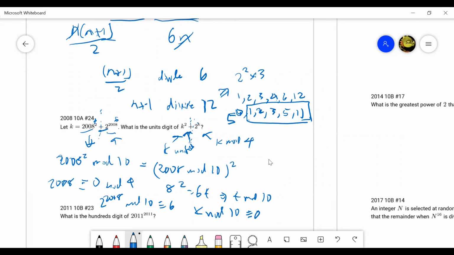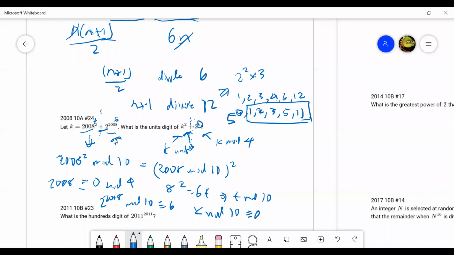All right. So now we have 2 to the k, and from how k is written, it's pretty clear that k is divisible by 4. 2 to 2008 is a very large power of 2, so it's divisible by 4. 2008 itself is divisible by 4, so the square is also divisible by 4.